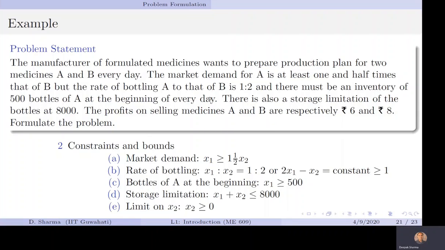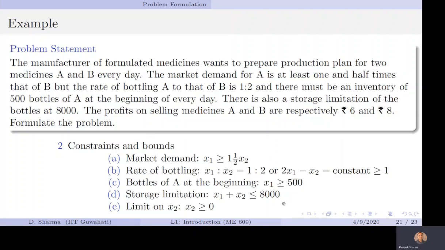Then there is another constraint on bottles. The inventory of bottle A at the beginning is 500, so we will be writing x1 greater than or equal to 500. However, the storage capacity is 8,000, so the number of bottles of A and B should be less than or equal to 8,000. That's why we are writing this.